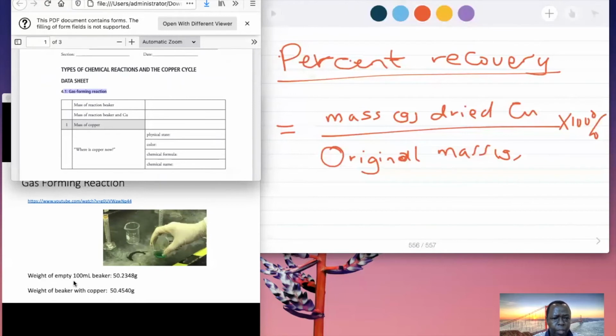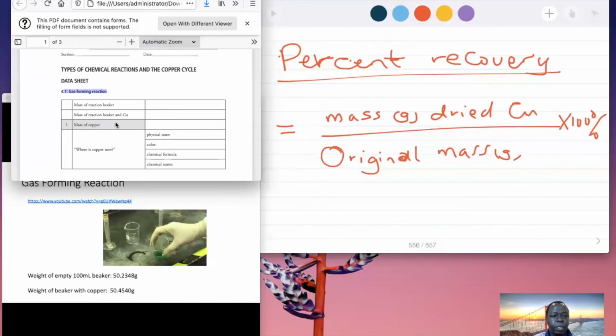Weight of the 100 ml beaker is 50.2348. It's just going to be the mass of the beaker. Weight of the beaker with copper, this is where you will place it there. To get the mass of copper, you should be able to do the mass to get the mass of copper.